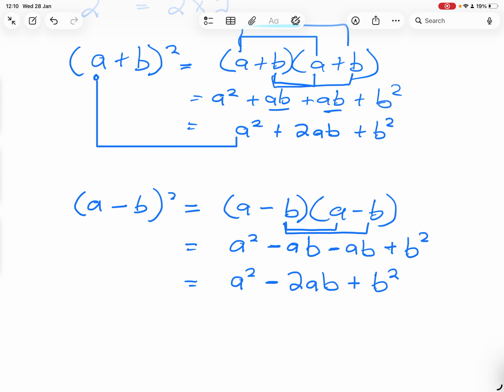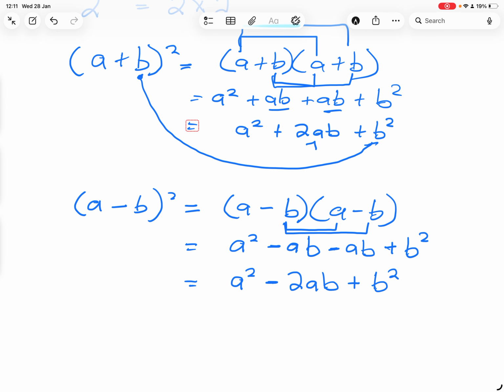It looks like we took a multiplied by b, which is ab, and we multiplied that by 2. So it became a times b times 2. And then for the last term, it looks like we are taking the last term squared.